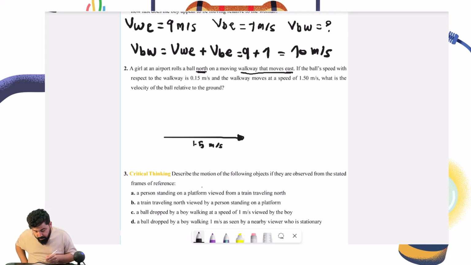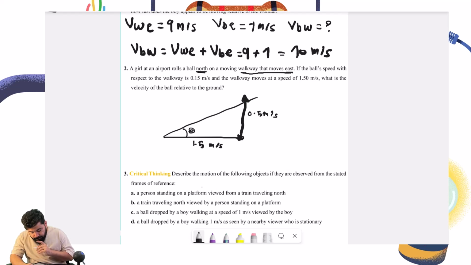And we also have the ball, which is moving to the north, equal to 0.5 meter per second. Just find the angle and the resultant, or the velocity of the ball relative to the ground.